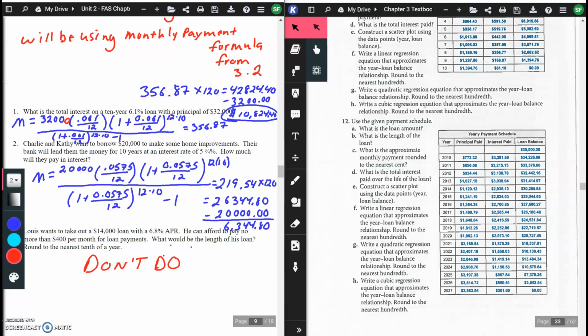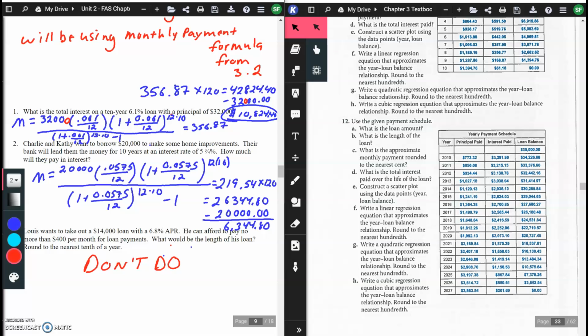Subtract off the amount of the loan, which is $32,000. Okay, I forgot a zero in there, so let me add another zero. So $32,000. The leftover is $10,824.40. That is the amount of interest that you pay on that particular loan.